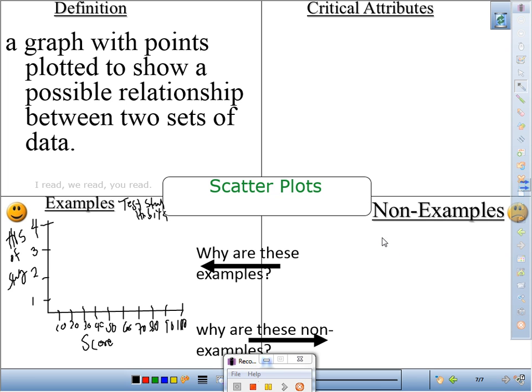And non-example, what can we use as a non-example? The one we use for the example on the other, right? A dot plot. Bam! So on this side, what was the information that we used?